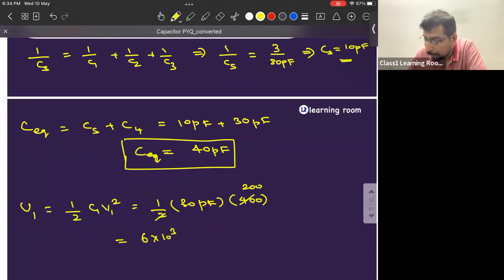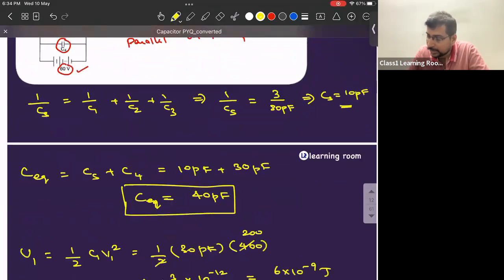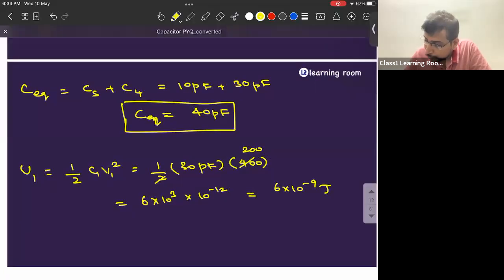So 6 into 10 power 3 into pico is 10 power minus 12. Answer will be 6 into 10 power minus 9 joule. And the point to be noted here is, energy across the first, second, and third will be the same. So once you calculated U1, this will be the same as U2 and U3 as well.